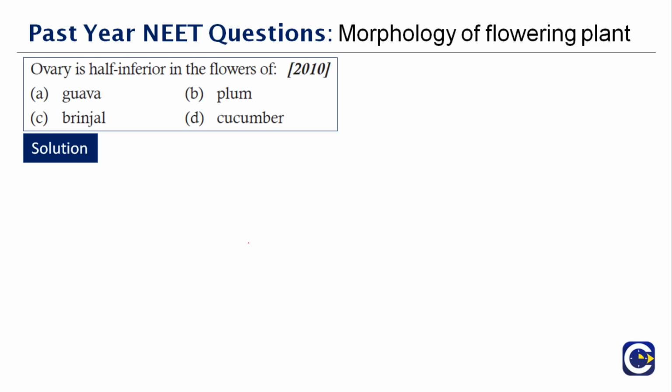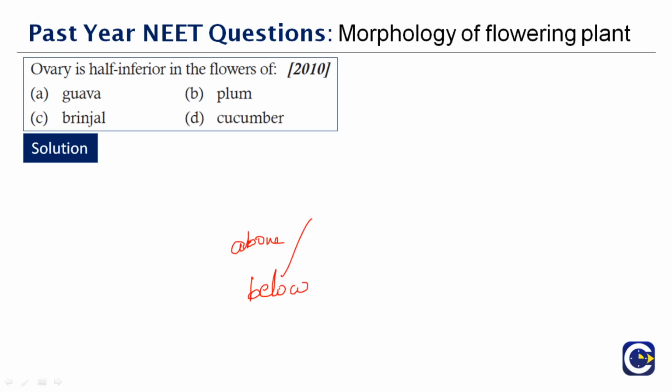So in flowering plants, the ovary is a part of the female reproductive organ of a flower, or the gynoecium. Specifically, it is a part of the pistil which holds the ovule, and it is located above or below, or it can be at the point of connection with the base of the petals and sepals. So this is how an ovary is represented in terms of plants, and especially for a flowering plant.